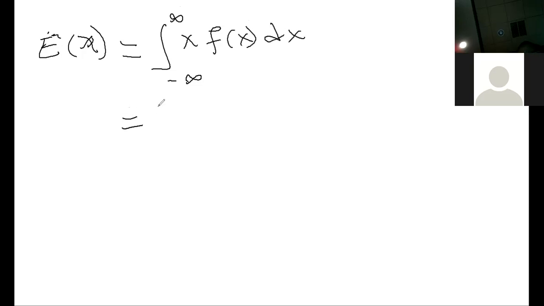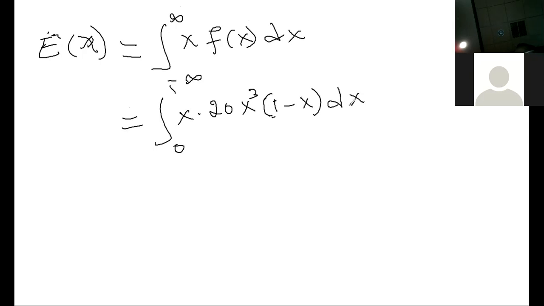So for this function, f of x is 0 outside of 0, 1. So we will have integral from 0 to 1 of x times 20 x cubed times 1 minus x dx.